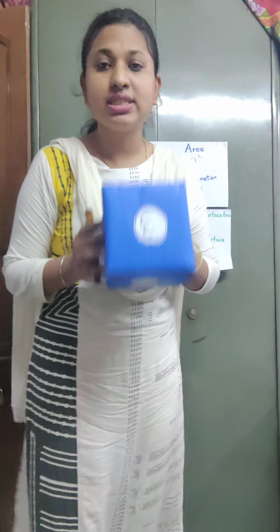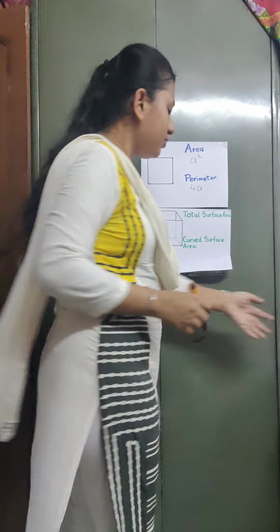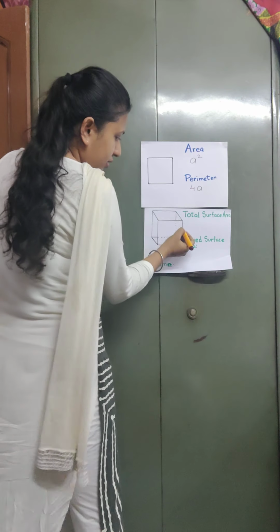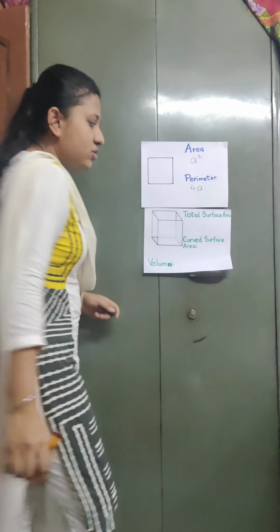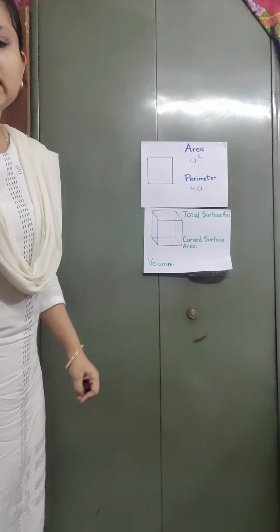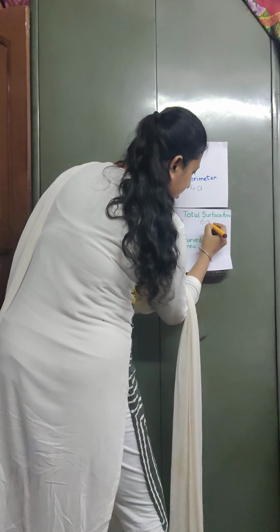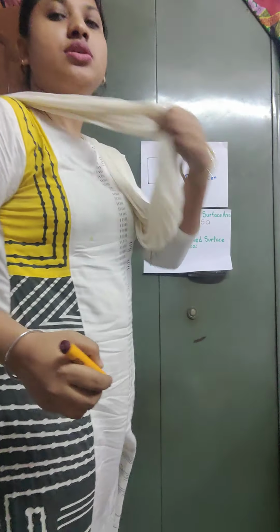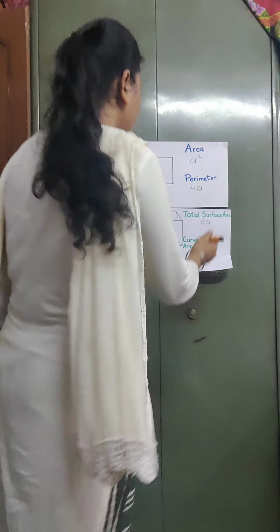It has 6 sides. So the total surface area will be 6A square, or 6S square.